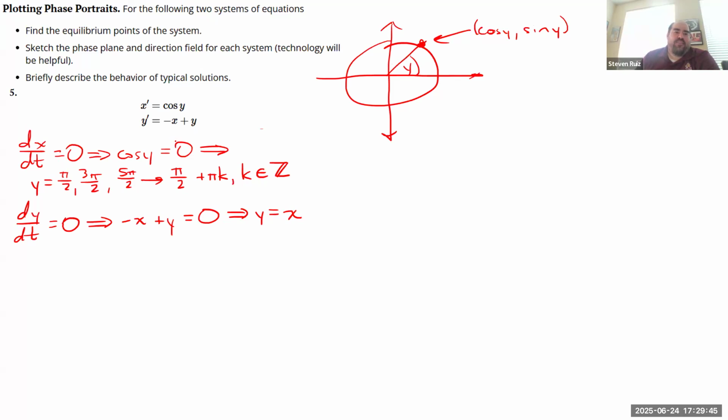So this is a system that's only partially coupled. Or can I say that? No, I can't say that, because dx/dt depends on y, dy/dt depends on x, so it's fully coupled. But dx/dt does not depend on x. dx/dt only depends on y.